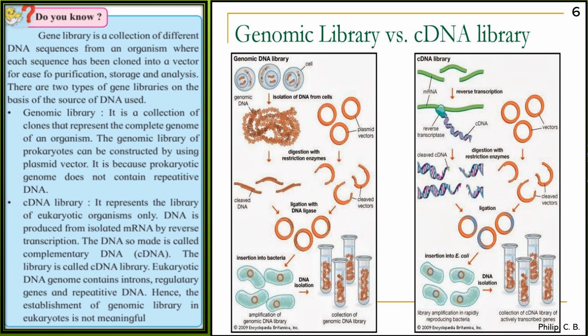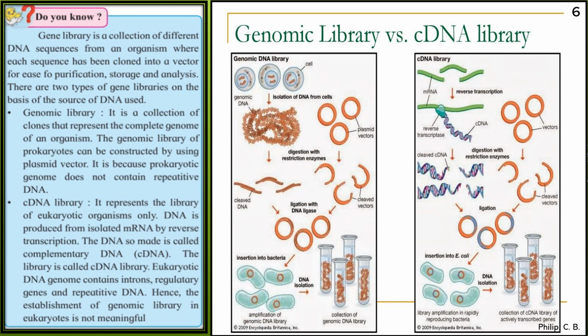Now you can see the image of the genomic library and cDNA library, or how they are made. This chart helps to understand the difference between them. First, observe the genomic DNA library process.